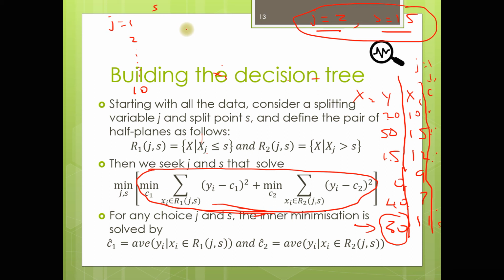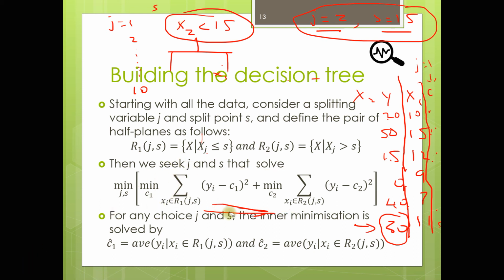Then it means that the variable x2 less than 15 comes at the first node. That is how you get to decide that. But obviously, this minimization process, you will not have to do by hand, the software will do it for you.